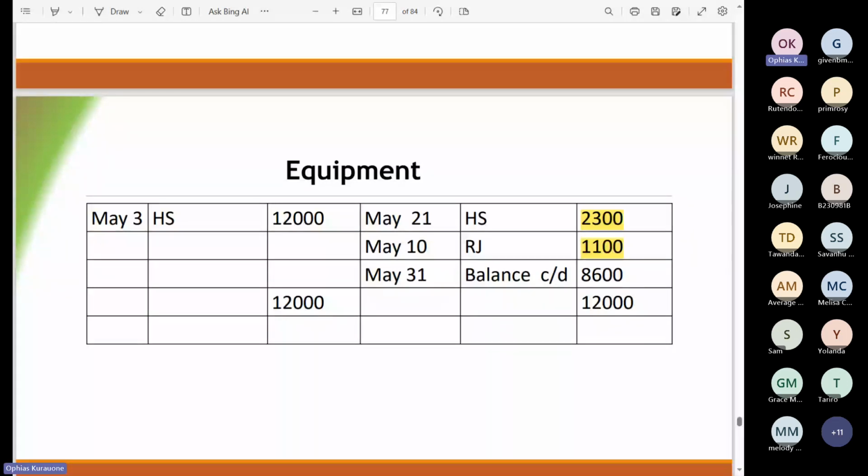Then 12,000 minus 2,300 minus 1,100 gives 8,600. 8,600 is the balance carried down. So this is the equipment which we have in our books at the end of the month.